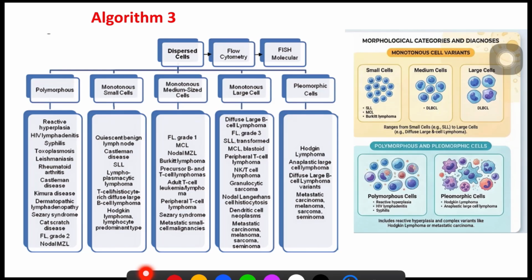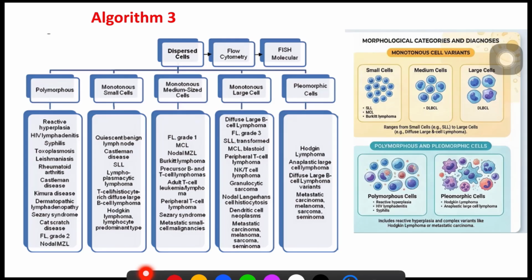So, when you find polymorphous, most common is reactive hyperplasia, infection related lesions, Castleman disease, Kimura disease, dermatopathic lymphadenopathy, Sézary syndrome, or some lymphoma like follicular lymphoma grade 2 or marginal zone lymphoma nodal type.